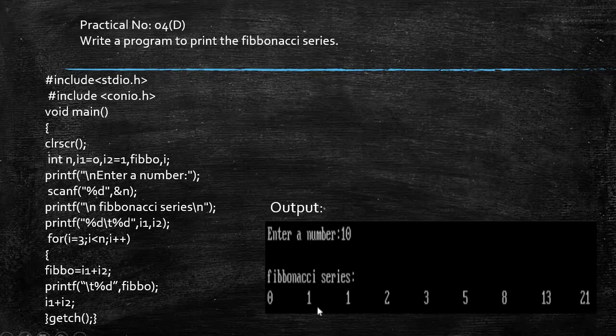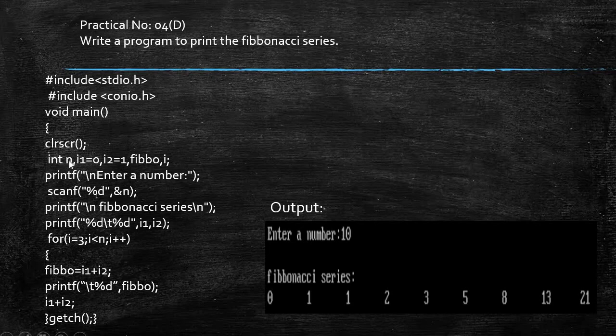You can see over here within the output, 1 plus 0 is 1, 1 plus 1 is 2, 2 plus 1 is 3, 3 plus 2 is 5, and so on. It will go on continuing according to the number which we have entered for your Fibonacci series to print. So basically within the Fibonacci series, each number is the sum of the two preceding numbers.